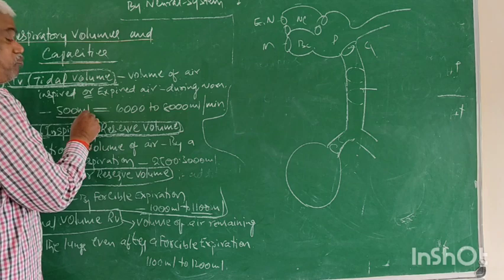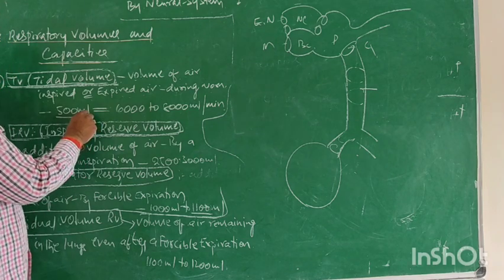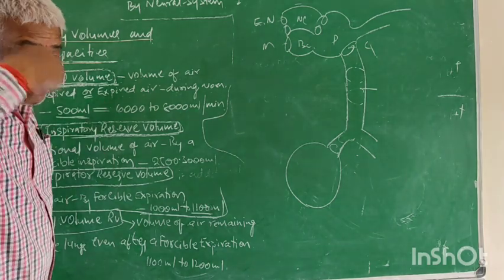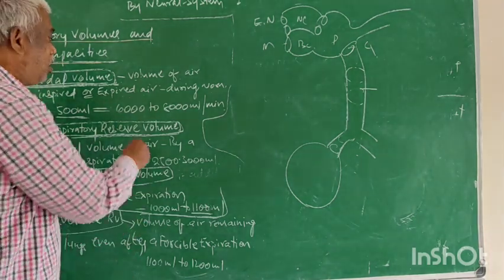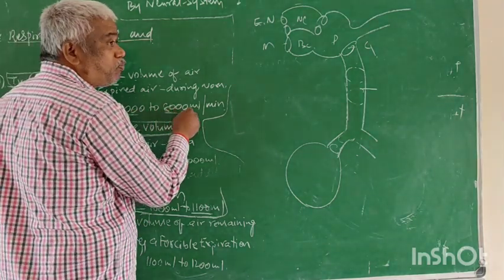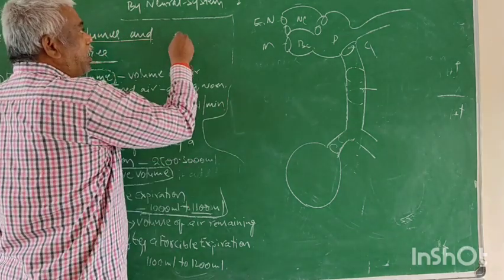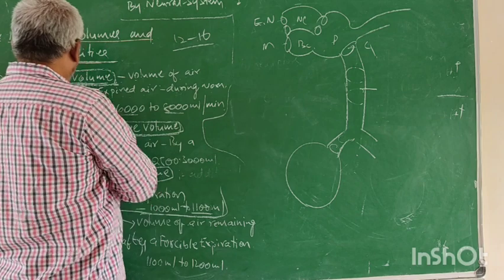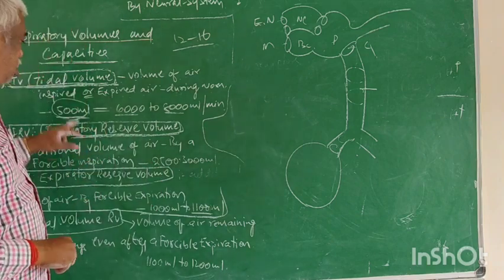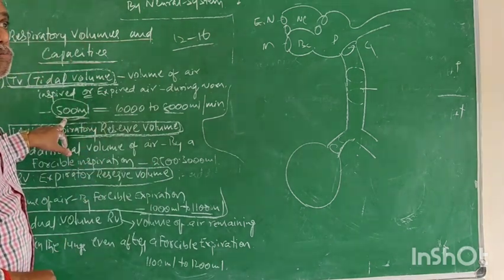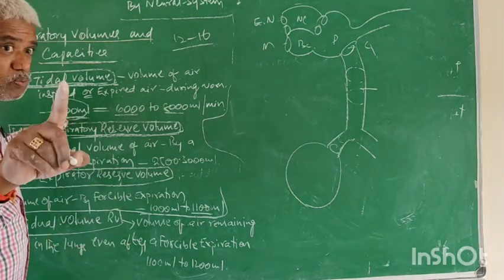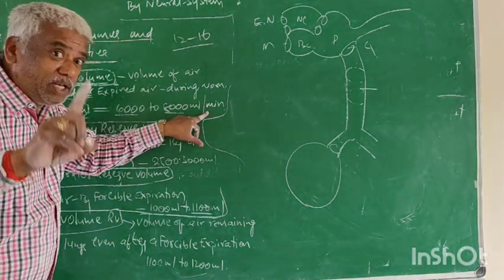How much? 500 ml, in one breath, in one inspiration, but 6,000 to 8,000 ml per minute, with a breathing rate of 12 to 16 times. But this 500 ml belongs to which volume?